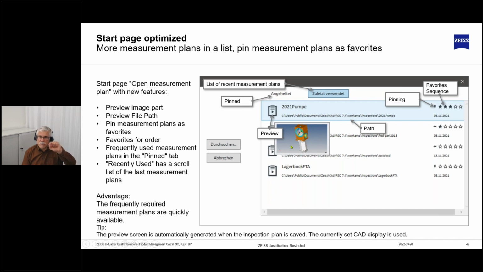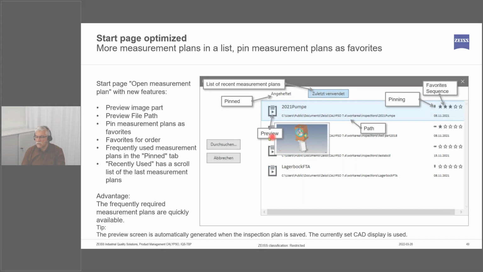If you press the save button, this is the automatic preview image which will be created. So tip: before you press the save button, fit your model and set it up the way you want it, whatever rendering, and then press the save button, and then you have these very nice preview icons.